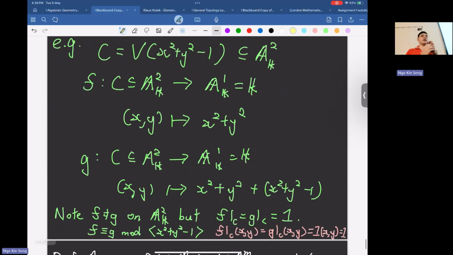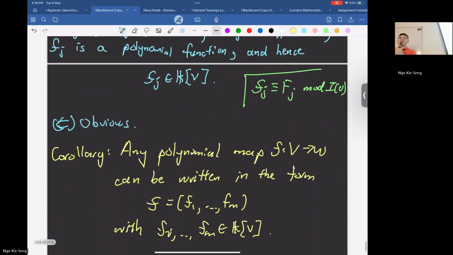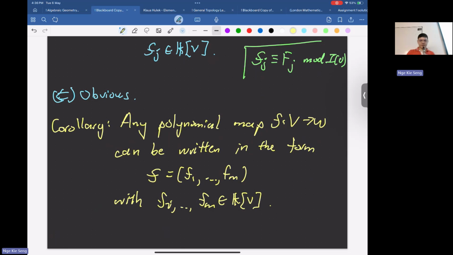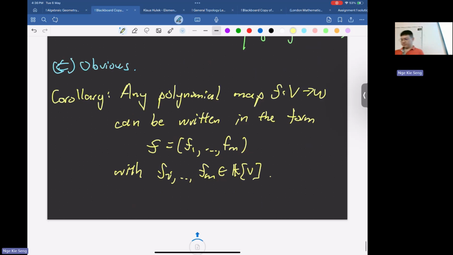These two are perfectly good polynomial maps, but they are the same polynomial map. You just need to write out one representative. So these two belong to the same function inside the coordinate ring, where you just pick one representative, which is enough. Does it make sense? Makes sense, right? If not, feel free to ask.